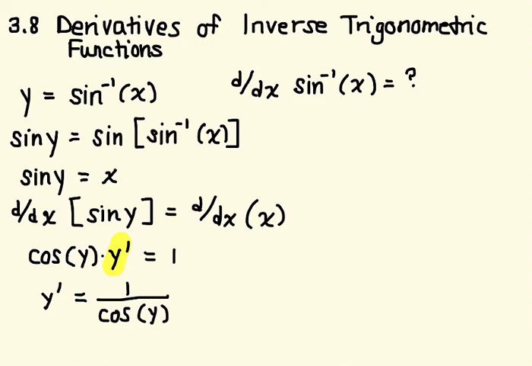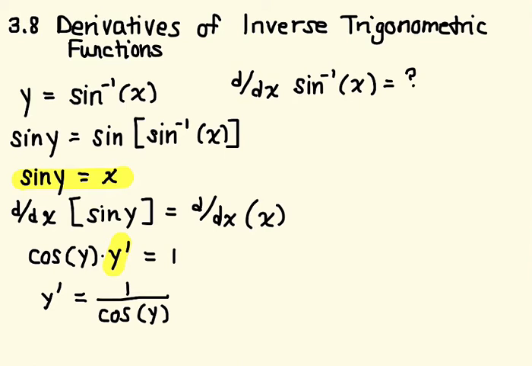I want the formula to have x's in it, not y's. So I want to rewrite this as a function of x, not a function of y. And I happen to know that there is a relationship between x and y: the sine of y is equal to x. What, therefore, is the cosine of y?